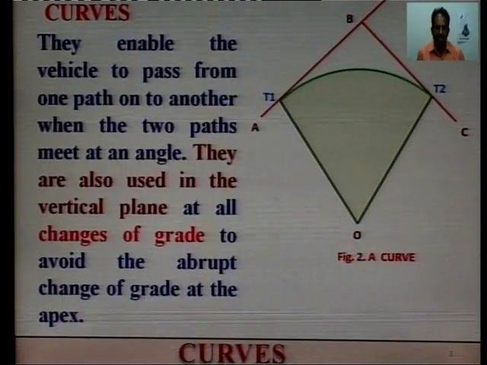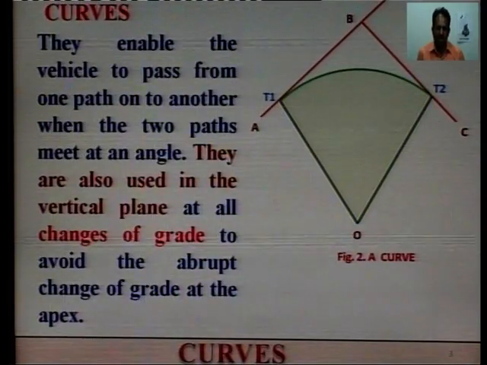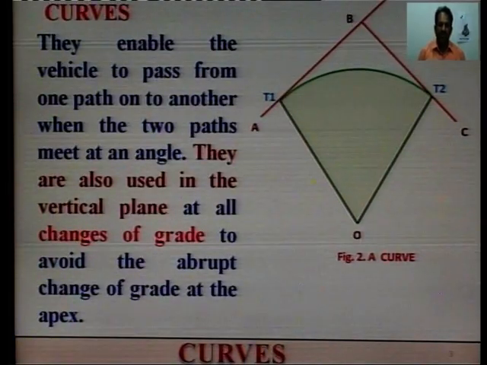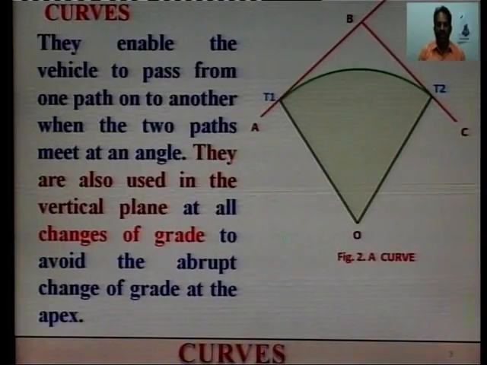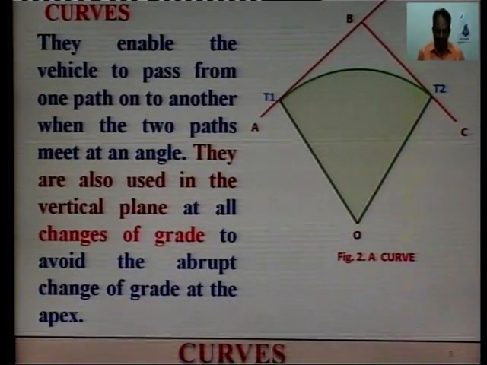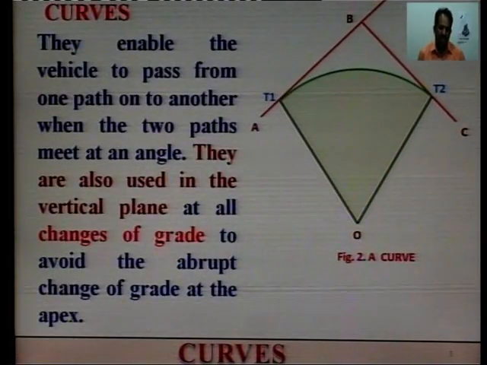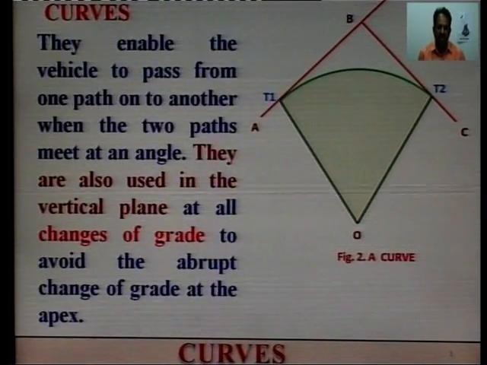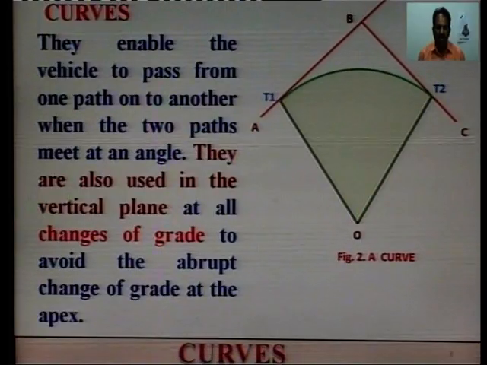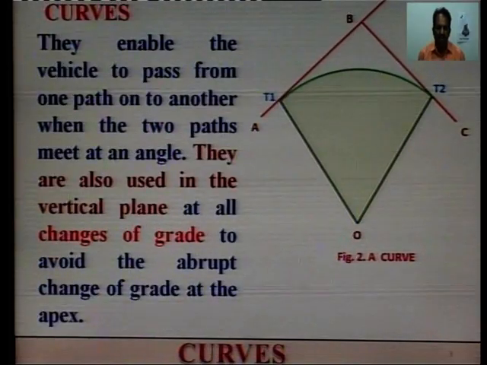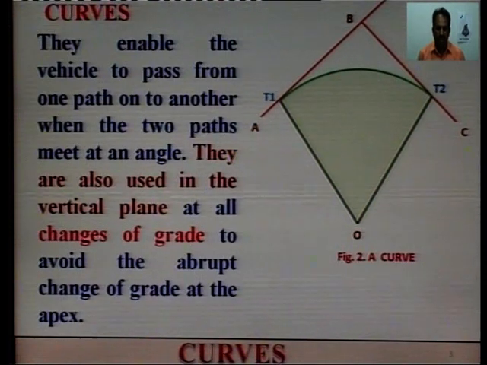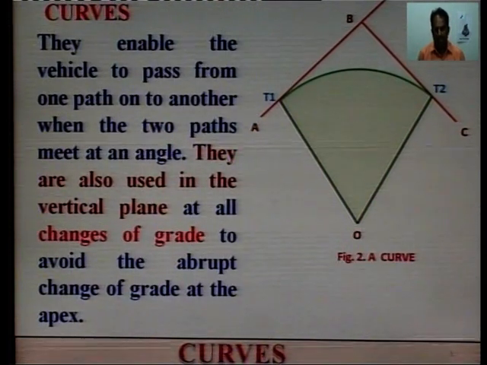They are also used in the vertical plane at all changes of grades to avoid the abrupt change of grade at the apex. That is, in hilly areas, curves are also provided in the vertical plane to avoid the abrupt change of grade at the apex of the hill.